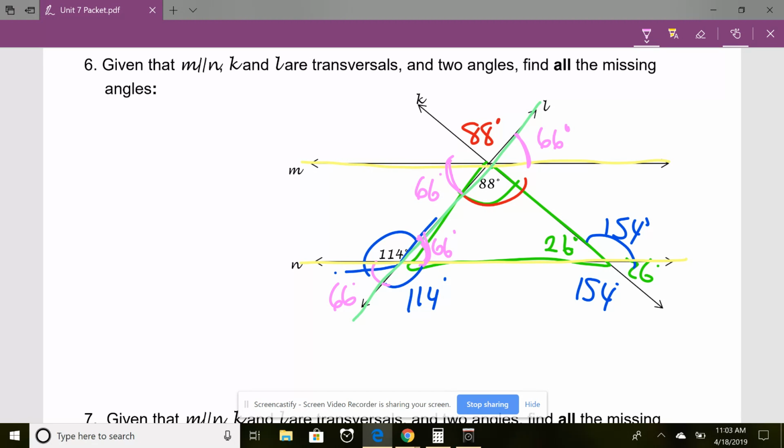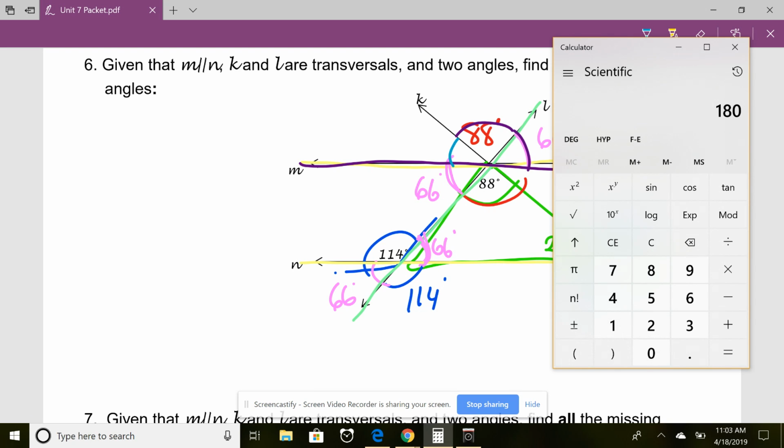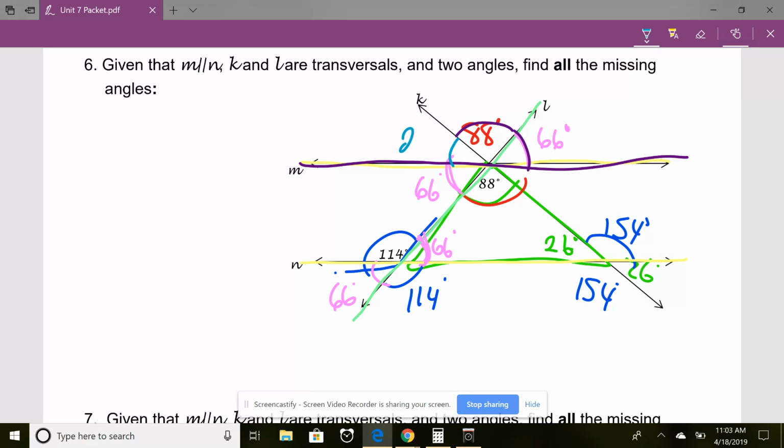You could figure out the third one since this is all on a straight line. This is a straight line. So I'm going to cut out this one and this one to get the third one. I'm running out of colors here. So we do 180 minus 88 minus 66, which is, let me do that again, 180 minus 88 minus 66, which is 26 degrees.